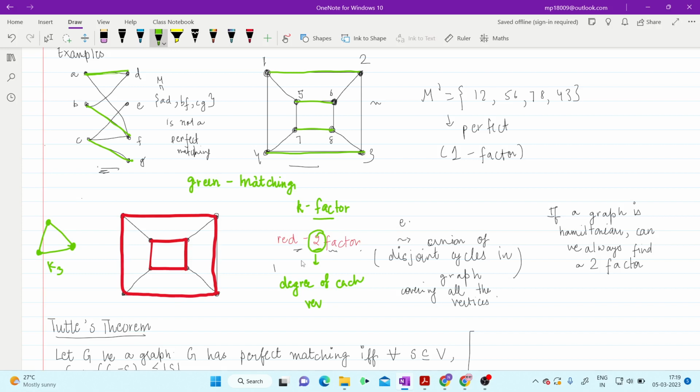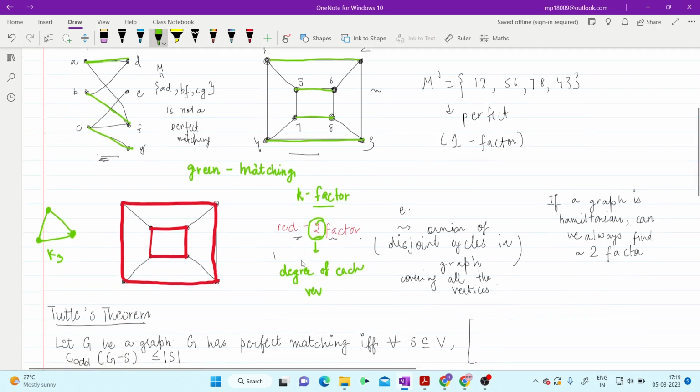By definition, if we want to find a two factor, we are looking for a subgraph in which each vertex has degree 2 and all the vertices are covered. Any simple graph in which each vertex has degree 2 has to be a cycle. Understood, ma'am. Thank you.